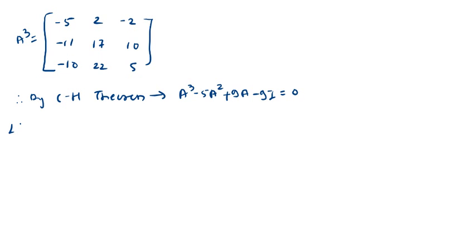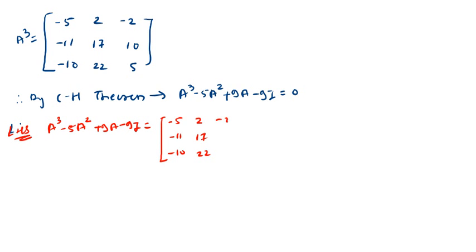Okay, so consider LHS. LHS is what? A cube minus 5A square plus 9A minus 9I. Put A cube here: 2, 17, 22, minus 2, 10, 5. Then minus 5 times A square.